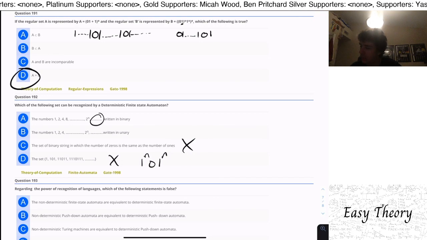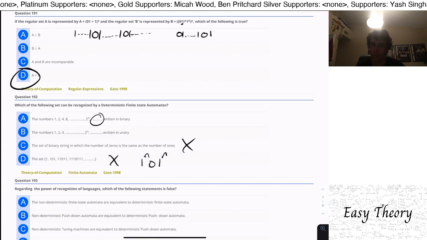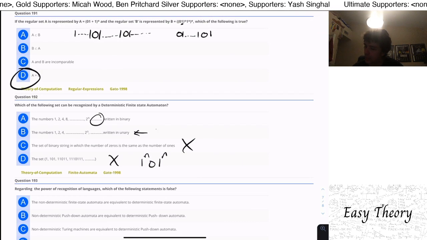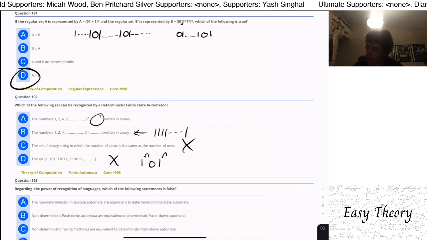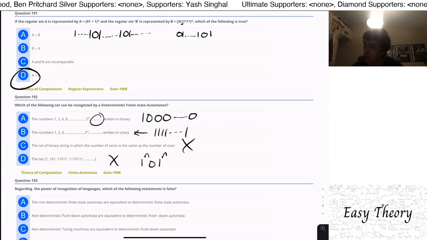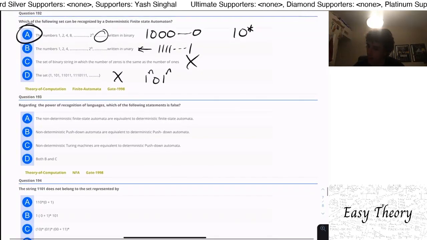Kinda, not quite, but it's almost like that. It can't do unary because that's just a bunch of ones or whatever. Binary, this is just 1 with any number of zeros after it. So that's 1, 0 star, so A is the answer there.